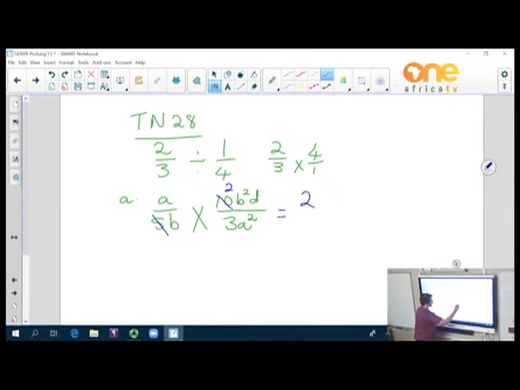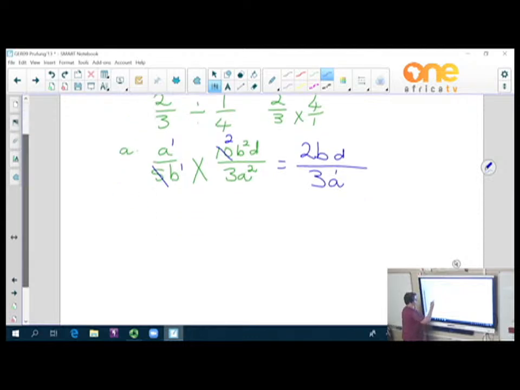So the number is then a 2, and this 3 remains there. You subtract your indices. The biggest A is at the bottom. So 2 minus 1 is 1. Then here's the B. 2 minus 1 is B. And then the D will remain there. Right, number B.